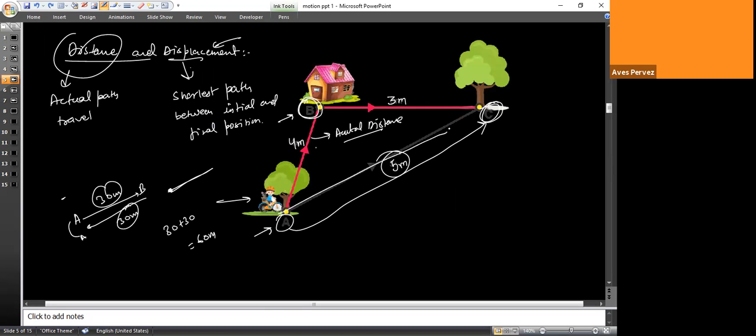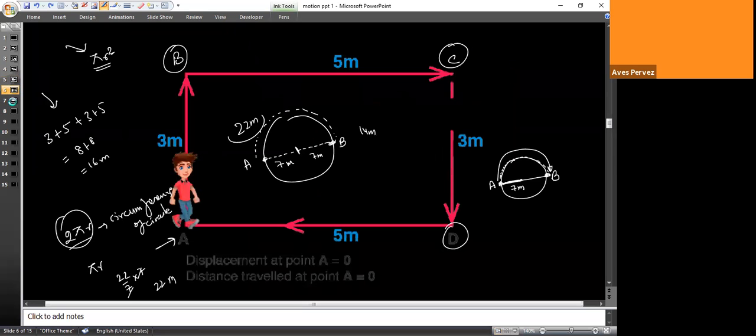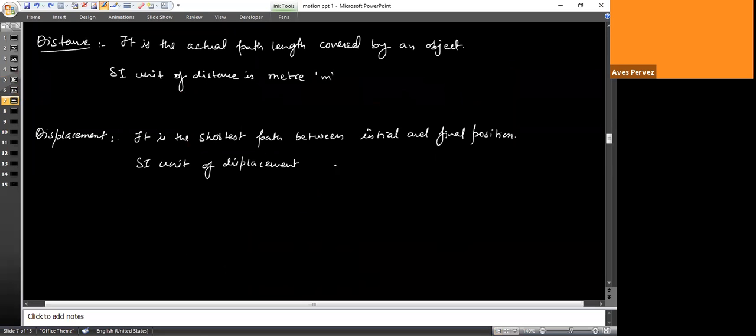Actually this is also a distance, but it is the shortest distance between the initial and the final position. So the unit should be the same, that is meter. Both displacement and distance have the same unit, meter.